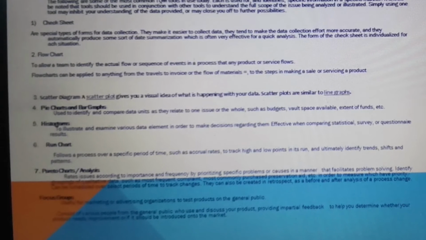But with scatter diagrams, pie charts and histograms, you will be using numerical data to analyze it. So with scatter diagrams, you plot the data through a scatter plot or a line graph.